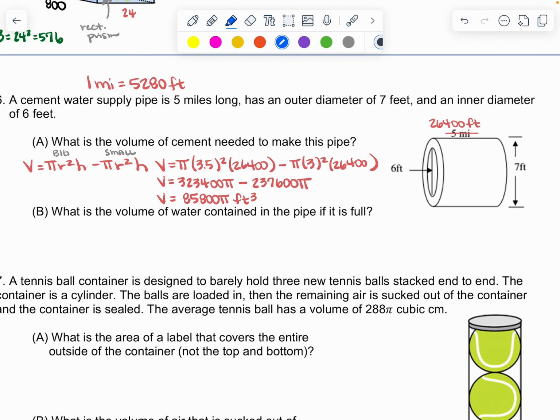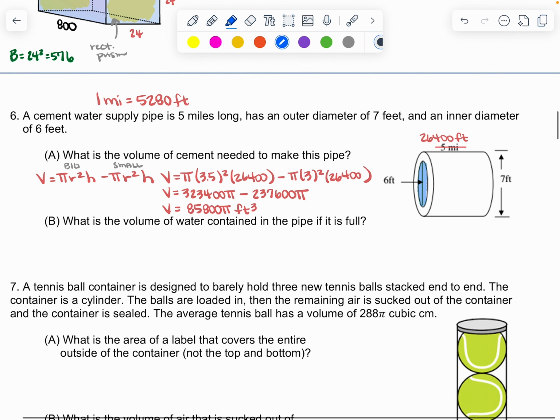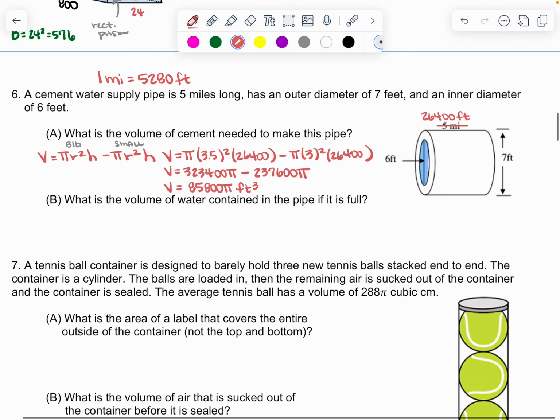All right, it says, what is the volume of water contained in the pipe if it is full? Okay, well, if it's a pipe for water, then clearly the water is only going to go inside the inner cylinder of the pipe, right? So we just want the volume of the inner cylinder, and we already have that answer, right?